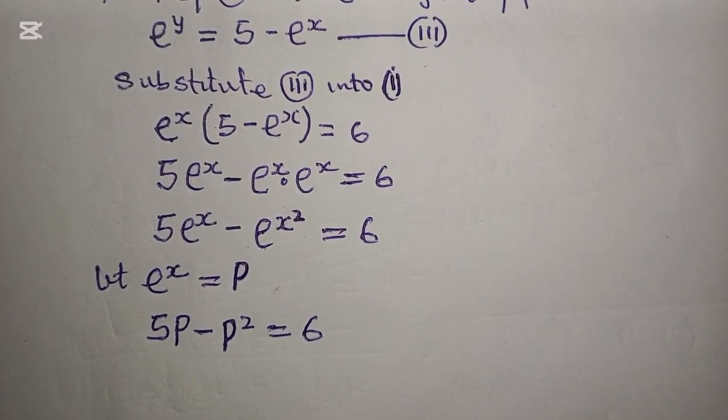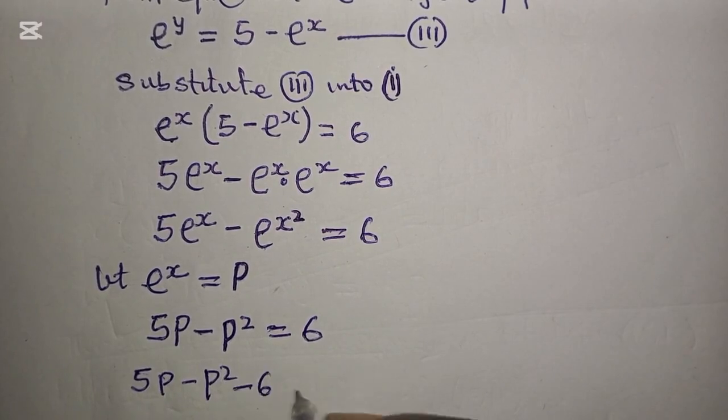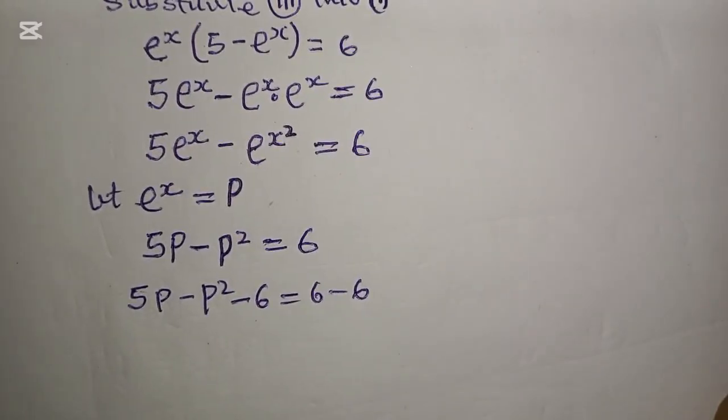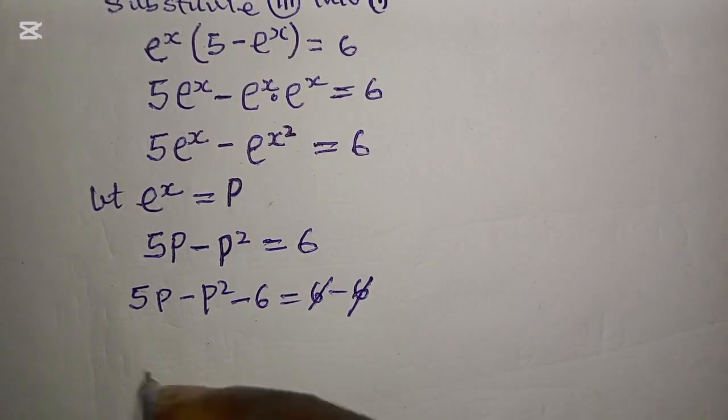I can decide to subtract 6 from both sides. So I will have 5p minus p squared minus 6 equals 6 minus 6. Since I have subtracted 6 from both sides, 6 cancels 6 here.